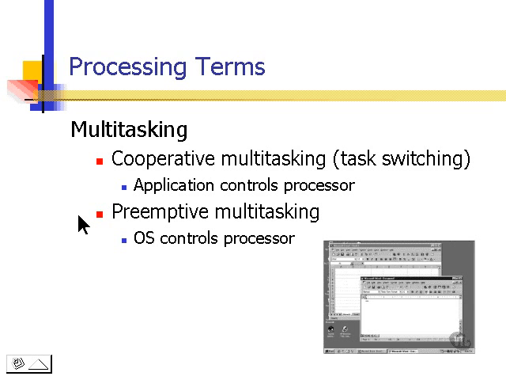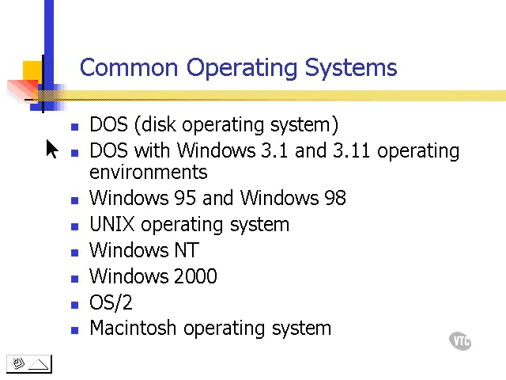Common operating systems that we use are DOS, one of the first operating systems, called Disk Operating System. DOS with Windows 3.1 and 3.1.1 operating environments. Windows 3.1 was the original Windows and was, for some people, the first time that they used a multitasking operating system which allowed them to do more than one thing.